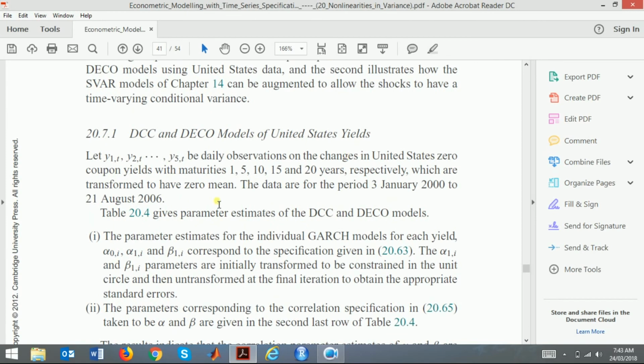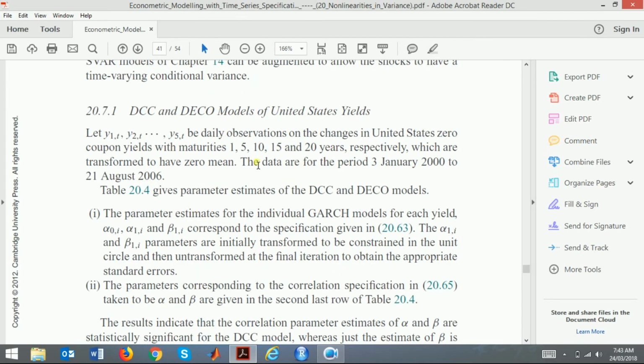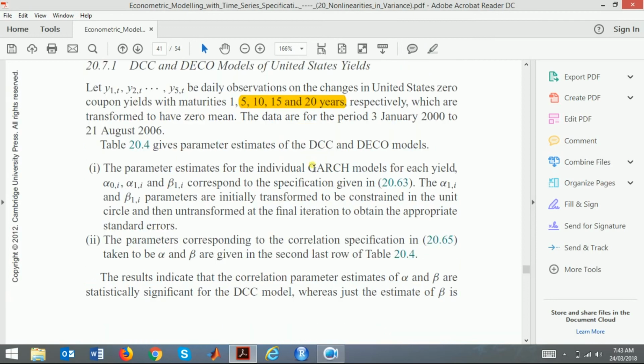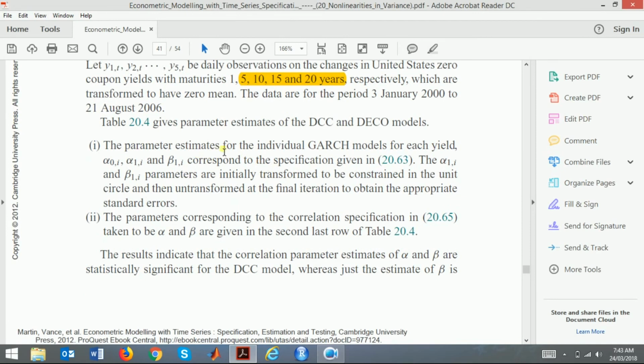So the application: DCC and DECO of United States yields. There is information when we have daily observations, zero coupon yields with 1, 2, 3, 4, 5 maturities, 5 yields. The data are from 6 years. First, the parameter estimates of the individual GARCH are constrained within the unit circle.